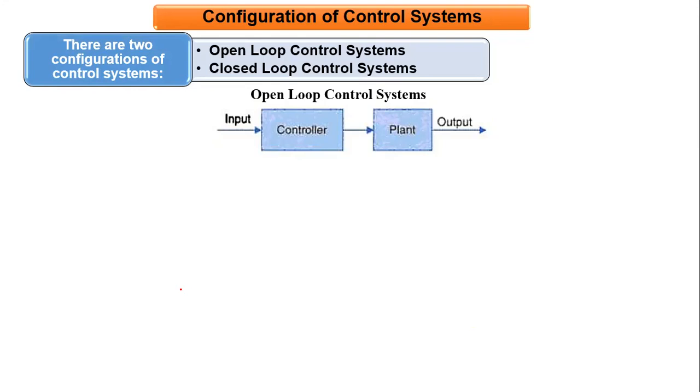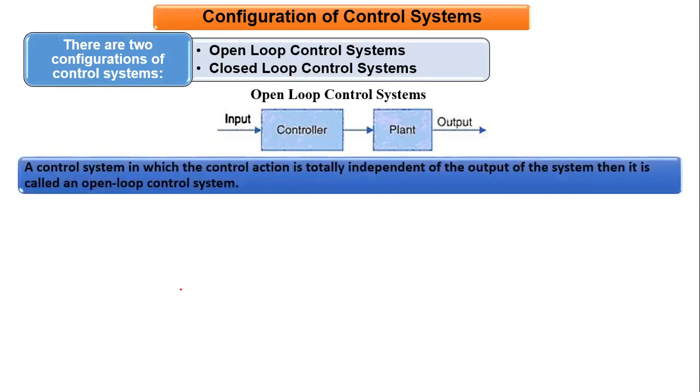We do not have any provision or mechanism to measure the response of the system. In this particular type of configuration, the response of the system does depend upon the input, but the command signal generated by the controller is totally independent of the output of the system.